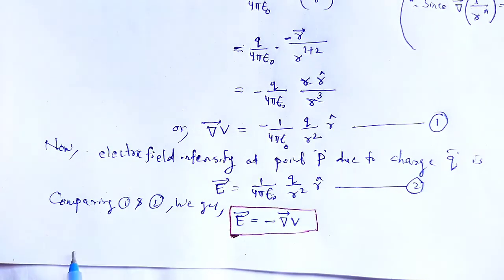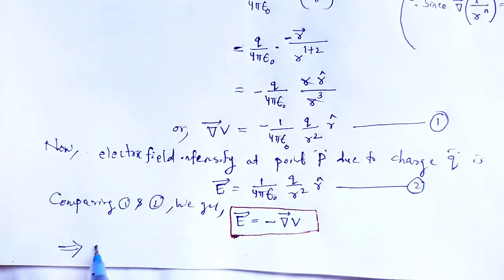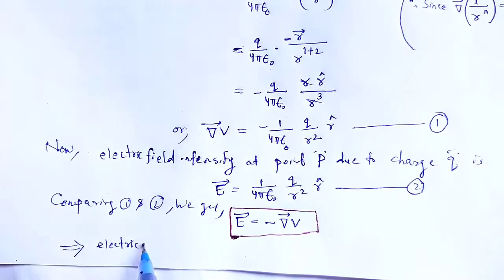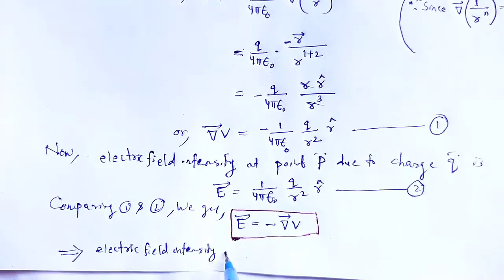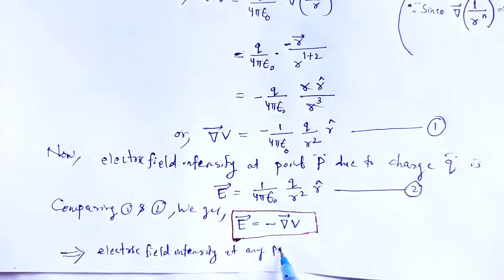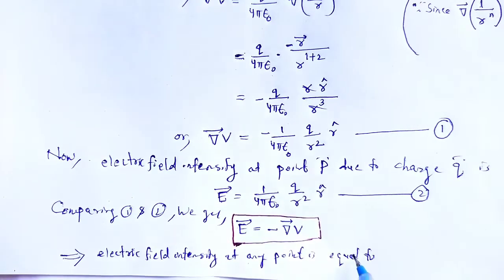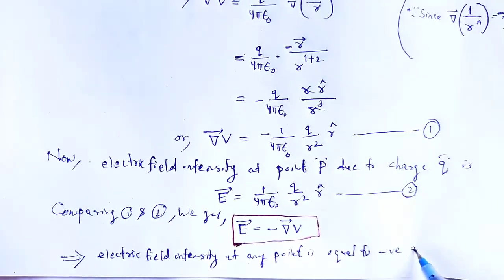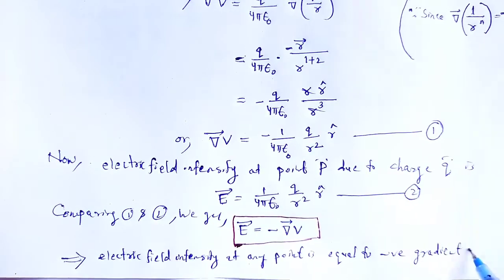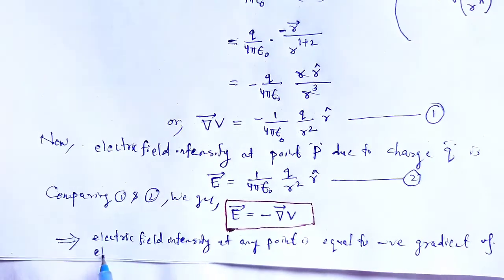So, here we write electric field intensity at any point is equal to negative gradient of electric potential at that point.